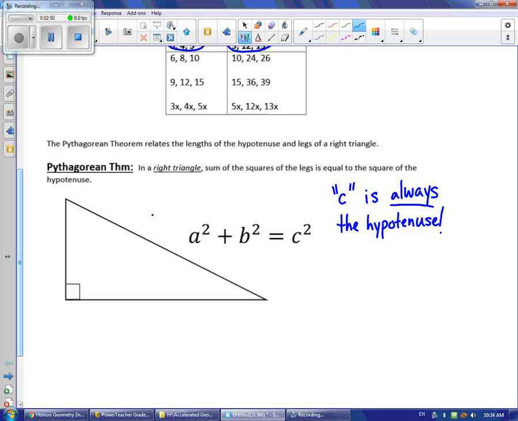Okay, so C is always going to be your hypotenuse, and then it doesn't matter which legs you call A and B. You can pick whatever you want. The only important one is that your hypotenuse is labeled as C. Okay, and remember it's always across from the right angle.